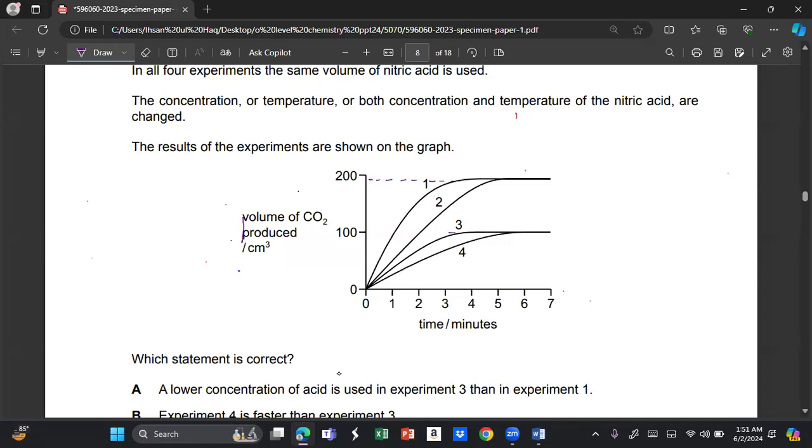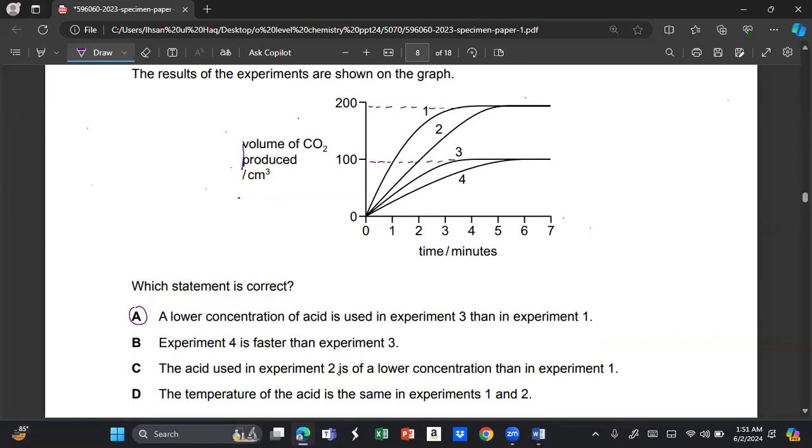You can see almost 100 cm cubed here, and this is near 200 cm cubed of carbon dioxide. Option 1 looks correct. Let's see the other options as well.